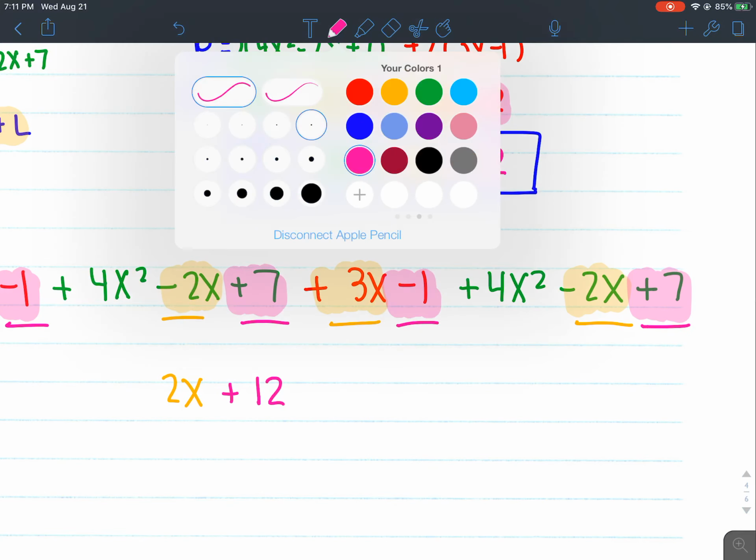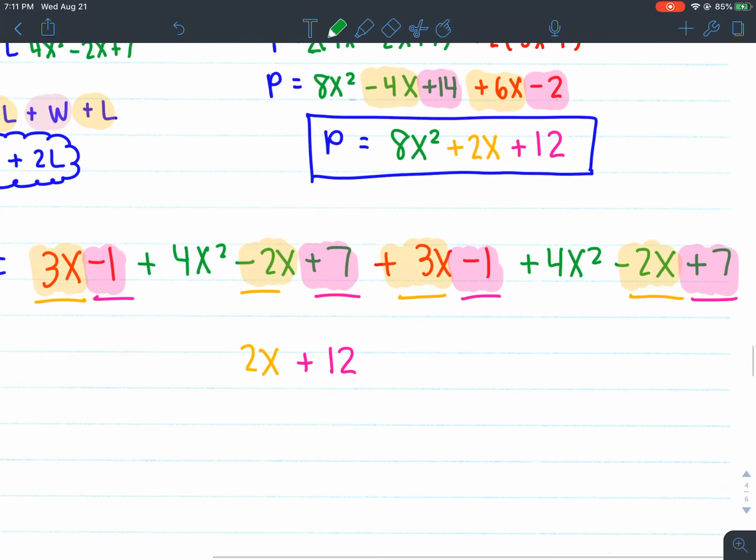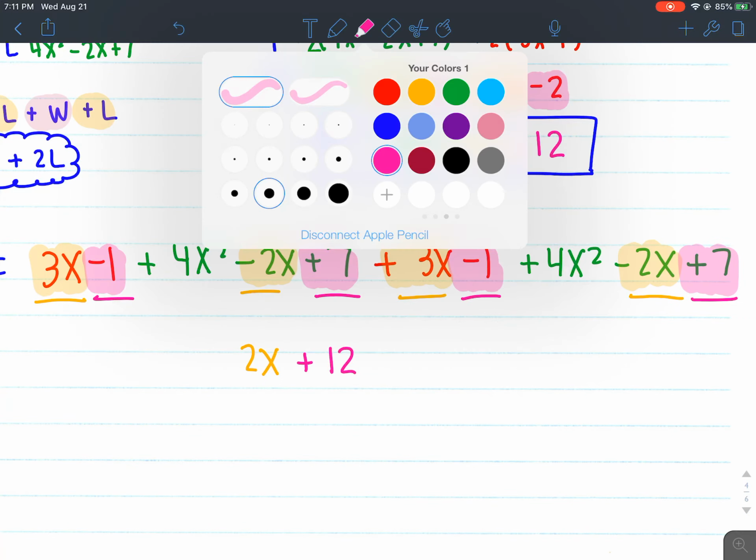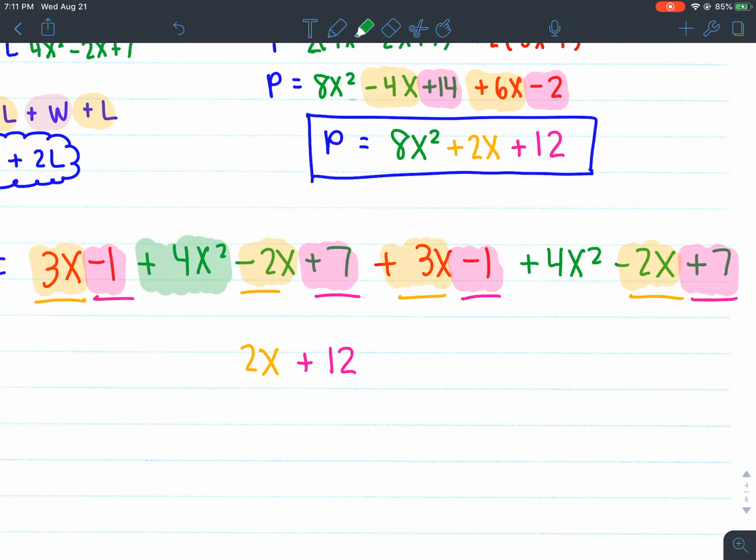I am so sorry, I was having a brain fart. Okay, and then last but not least, I have positive 4x squared plus 4x squared. These are both like terms, and that gives me 8x squared.